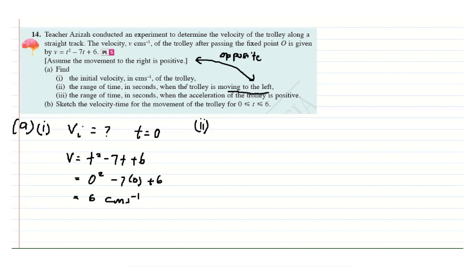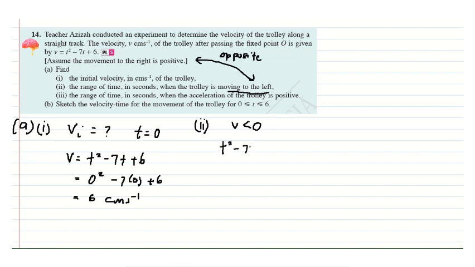When the right is positive, the movement to the left is negative, or it is velocity less than 0. The formulas in this chapter you must understand and memorize. What is the formula for initial velocity, and what is the formula for velocity when it is moving to the left. Okay, and then we continue.